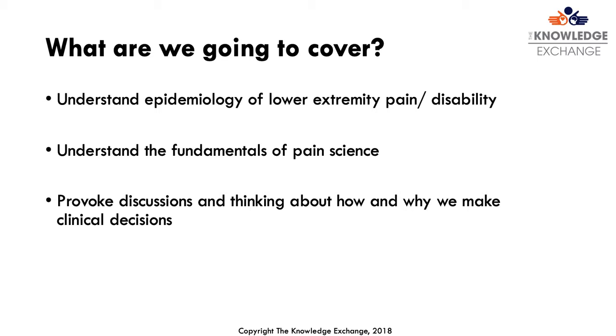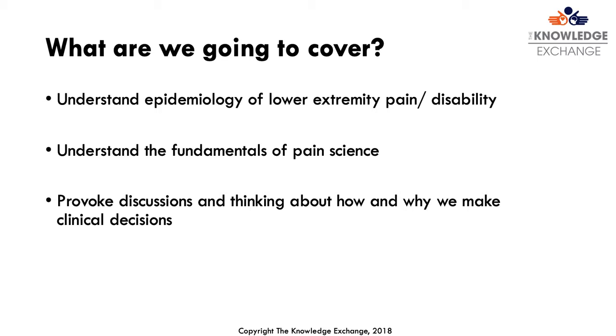So what are we going to cover? This course is not an anatomy-focused course. It is a critical thinking course that incorporates a biopsychosocial framework with an emphasis on pain science in the management of common lower limb pathologies.